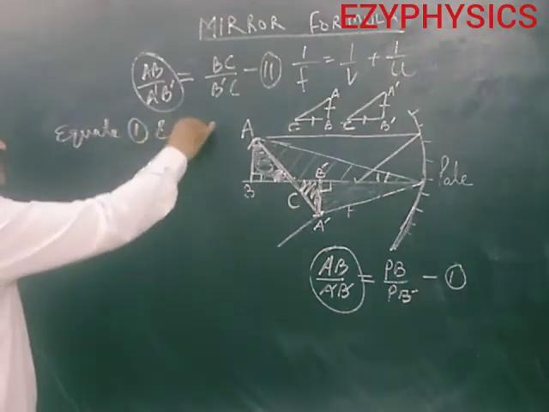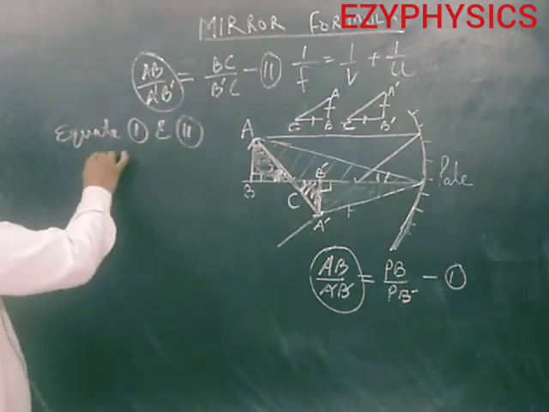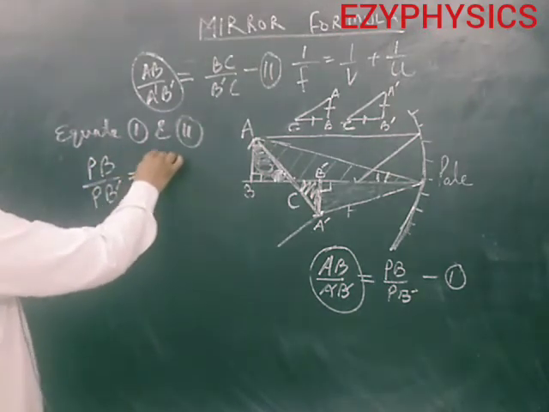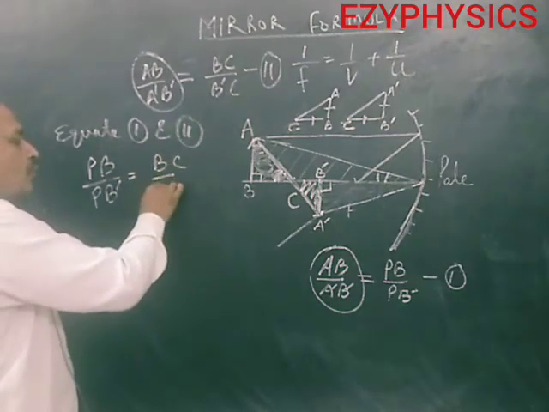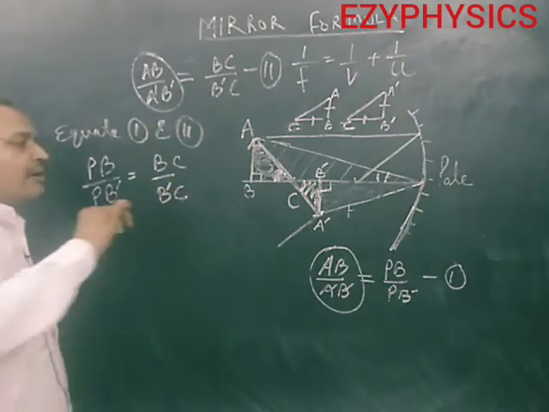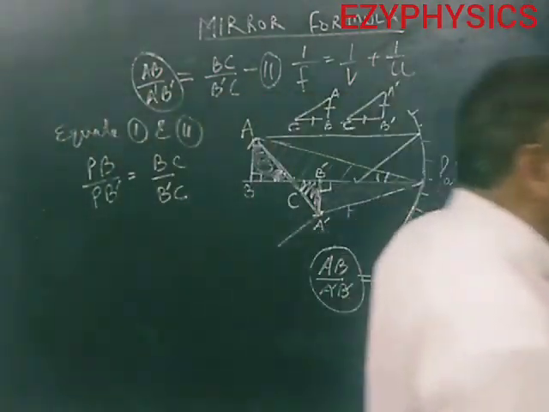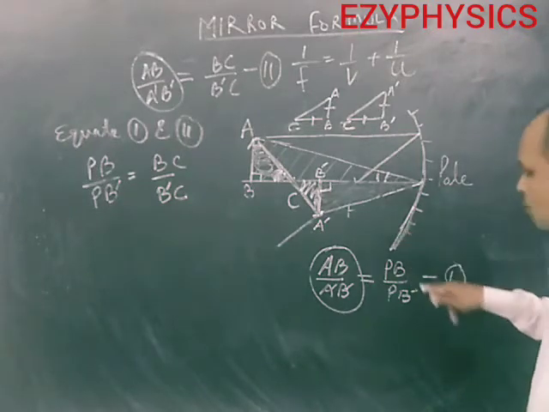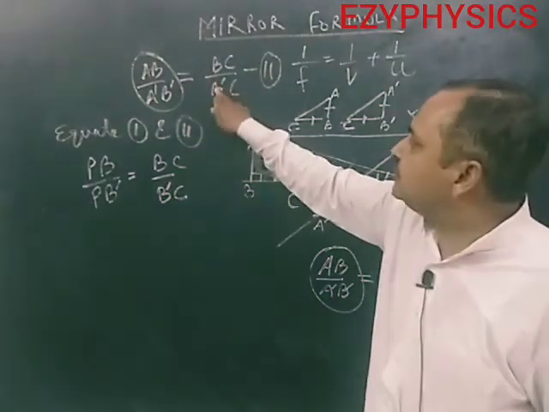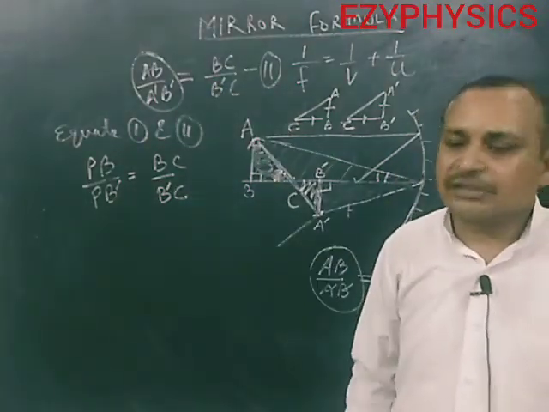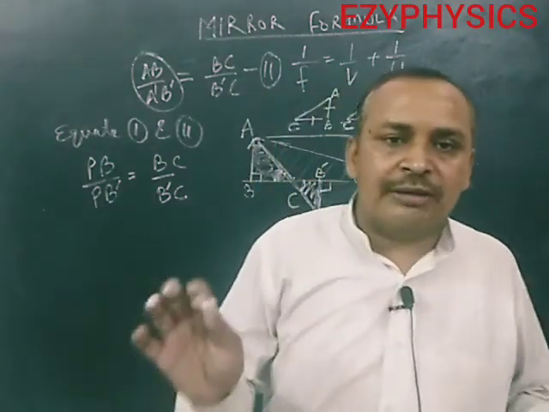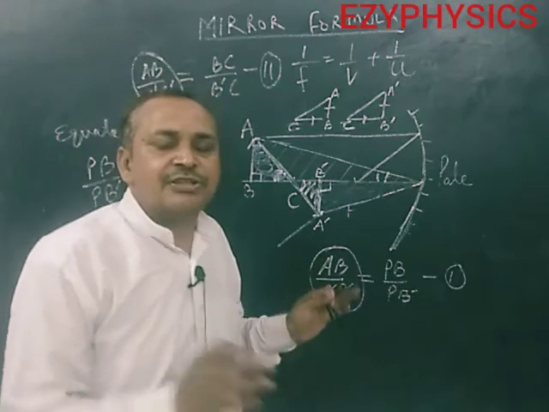When you equate, what do you get? PB over PB' is equal to BC over B'C. When the left hand sides are equal, then the right hand sides are also equal. So this is equal to this. Any doubt? Shabash.